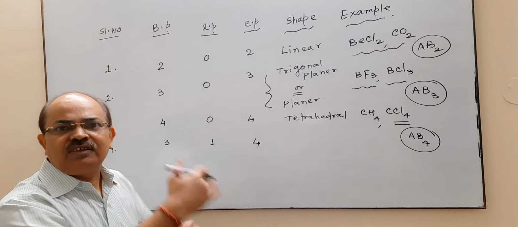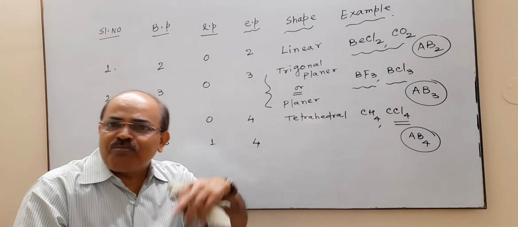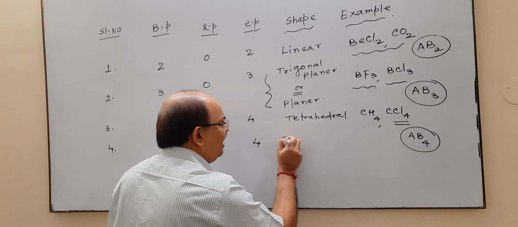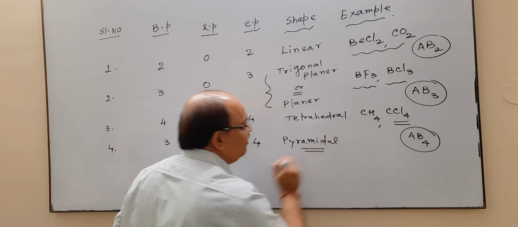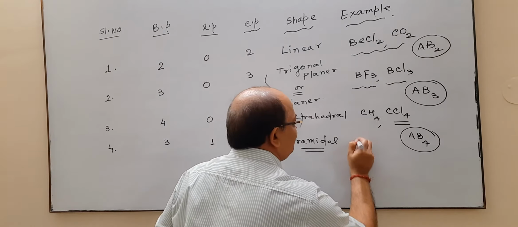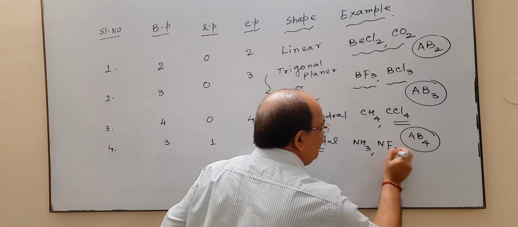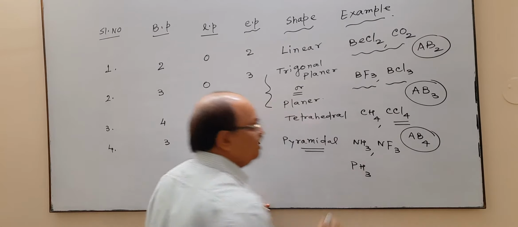That's why the shape will change. shape बदल गया। भाई shape क्यों change हुआ? Due to your lone pair. Now in that case your shape is pyramidal. The example is NH3, that is ammonia. Another example is NF3. Another example is PH3.